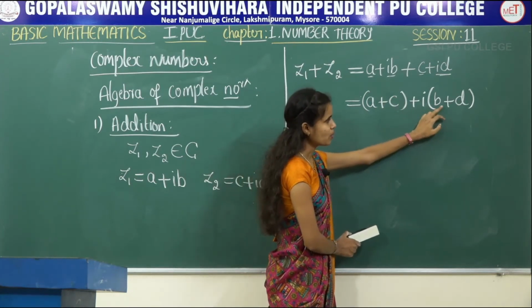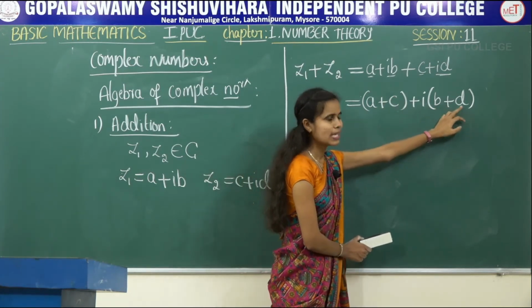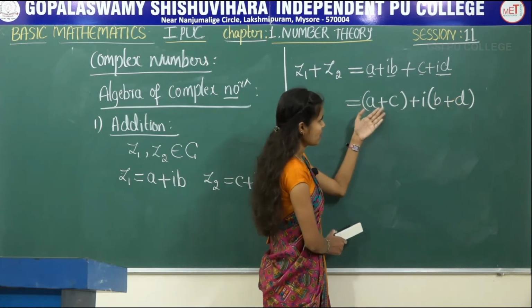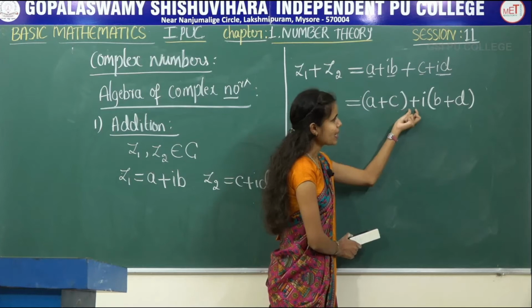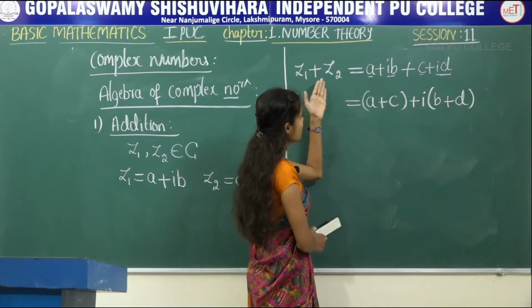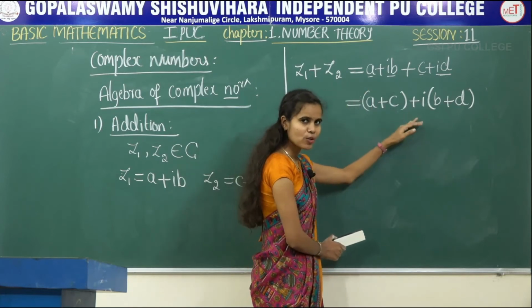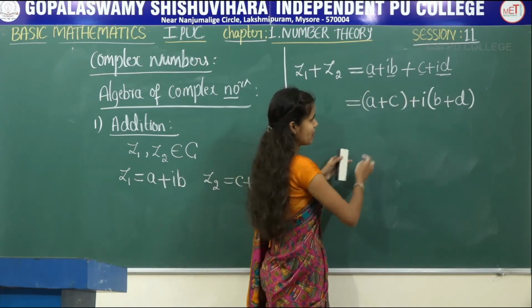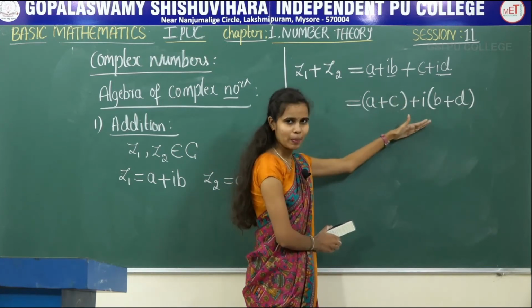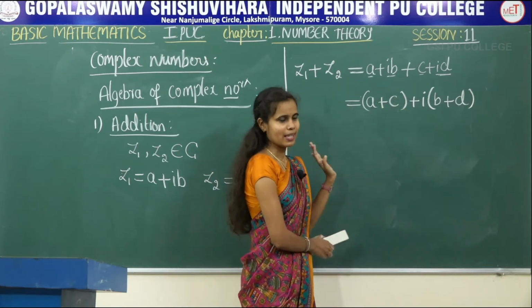Plus i into b is a real number, d is a real number, therefore b plus d is also a real number. This is in the form of real number plus i into real number. Therefore the sum of two complex numbers is also a complex number. It is in the form of real number plus i into real number.